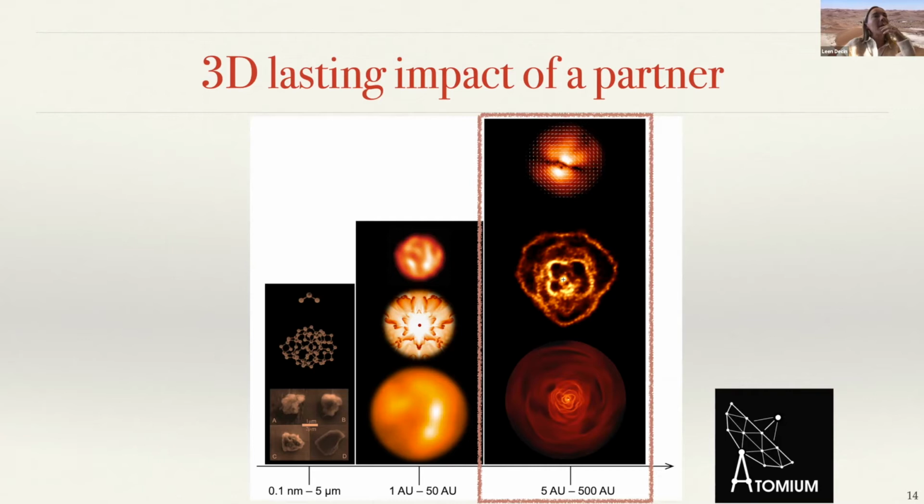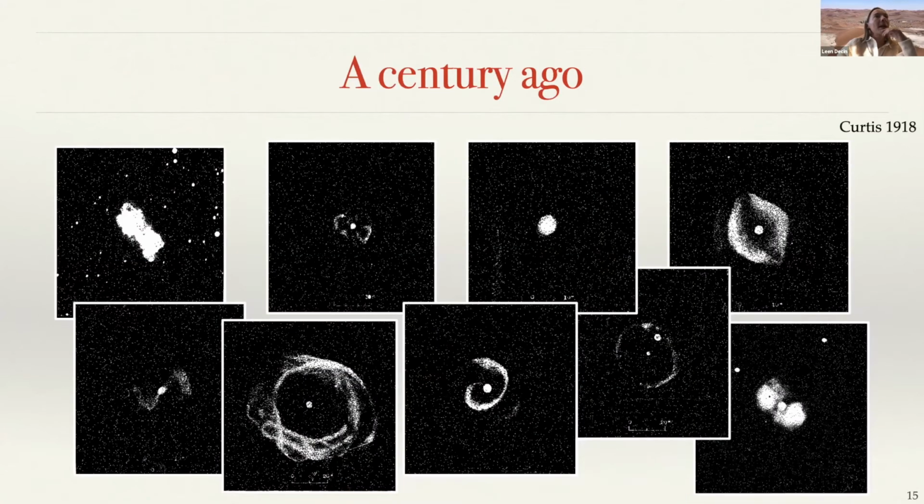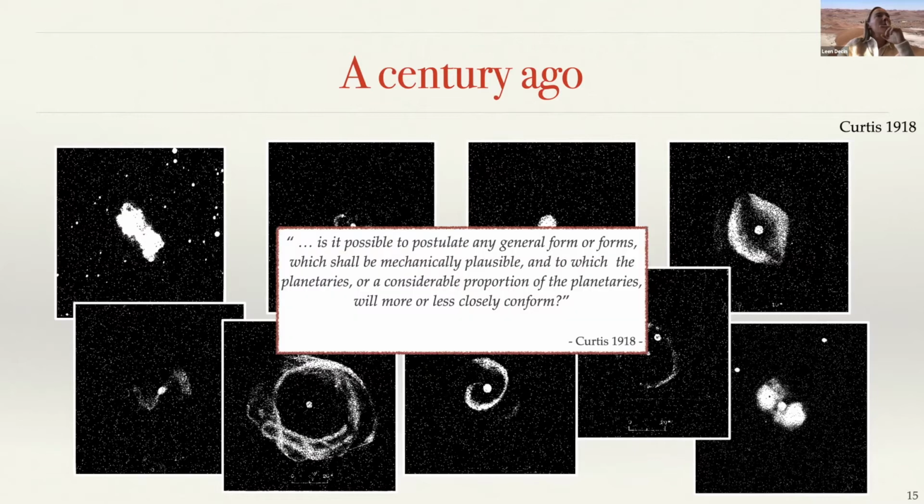Now I go directly to that ATOMIUM large program. For that, I first go back roughly a century ago. What you can see here is one of the first photographic plates that have been made of planetary nebulae. And already then, in 1918, Curtis et al. was wondering if it once will be possible to really understand the physical mechanisms that are driving all of these complexities that we can see here.